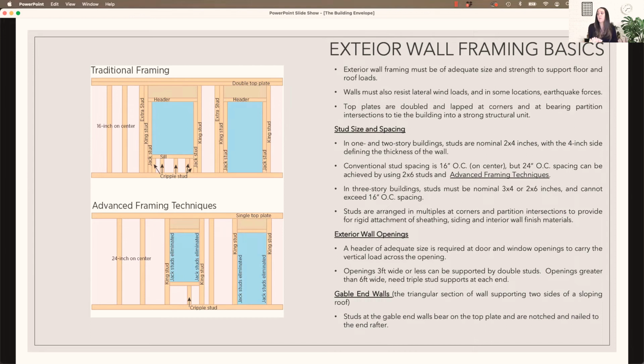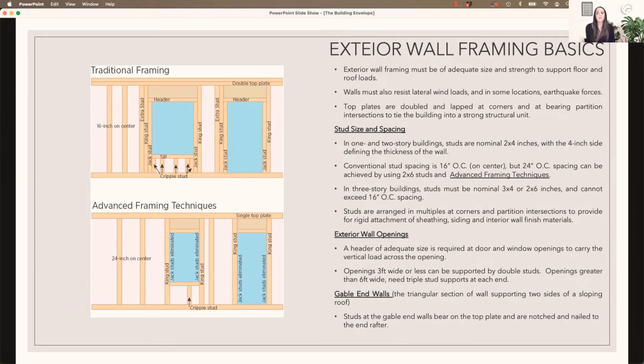In 3-story buildings or above, like multi-family buildings, apartment buildings, condos, you cannot exceed the 16-inch on center spacing for your stud placement because the building has more weight to bear. So you need to have more of those studs holding it up.